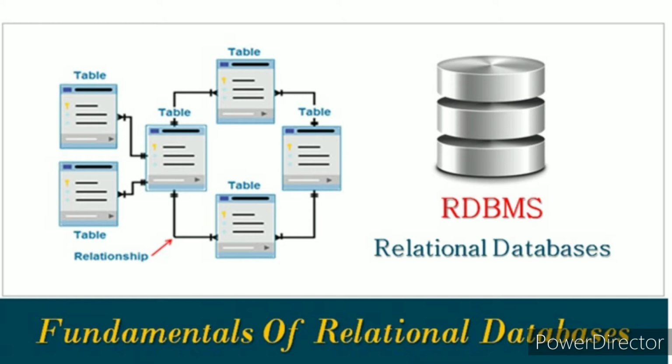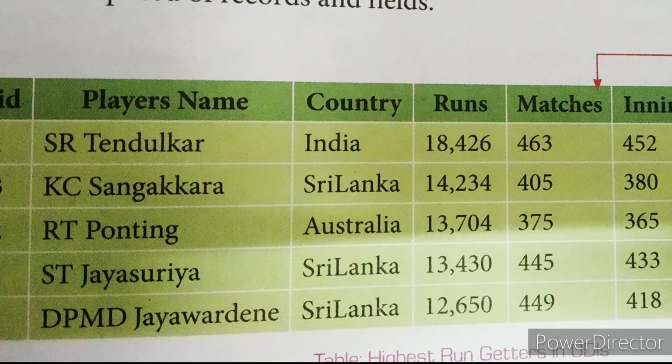Each table is called a relation and all the tables are related or linked to each other on some common field. The software that helps to create, modify and maintain such a database is called a Relational Database Management System or RDBMS.